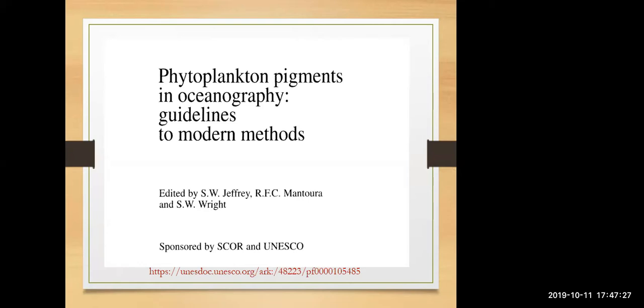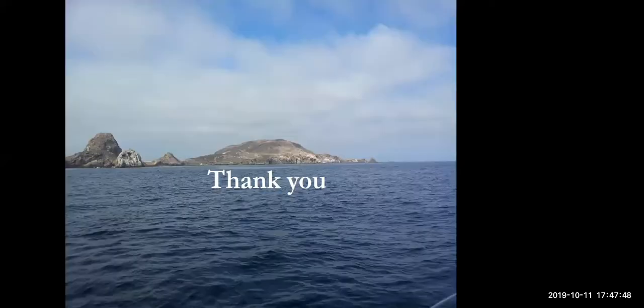In particular, this book focuses on HPLC, but it also makes an excellent review of the other methods. It is free on the network. I am including below the page where we can download the book and consult it. And that is all. Thank you very much for your attention.